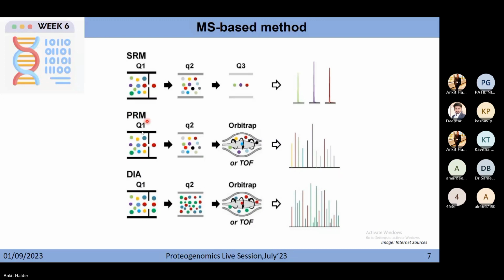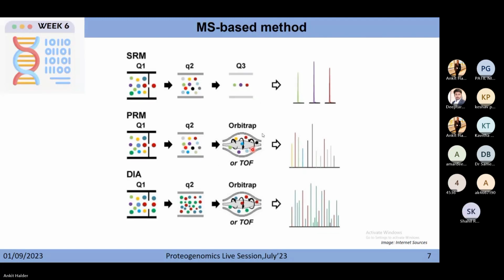Here you will have the first filter as a quadrupole, and then in the collision cell the precursor ions you let through will be fragmented. But here, instead of another quadrupole, it is replaced by an orbitrap.